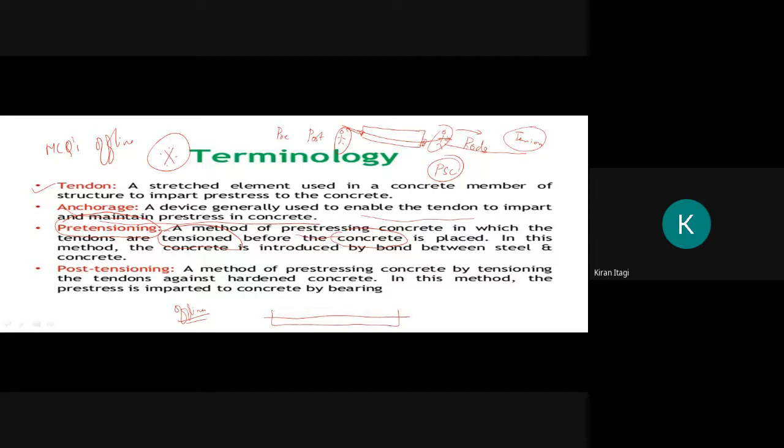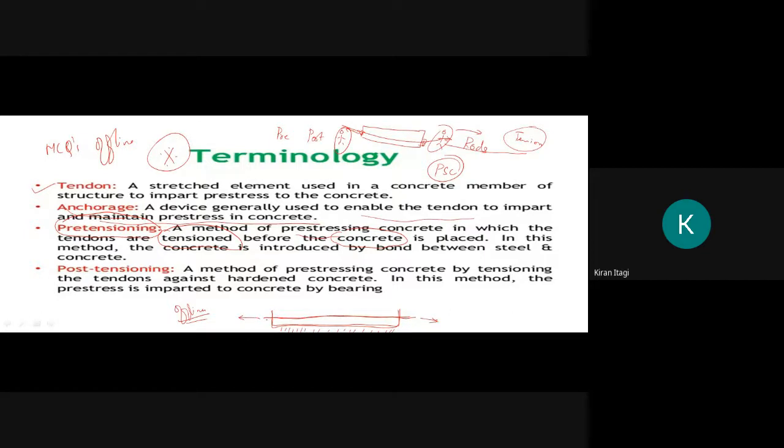So this is your mold, the concrete casting mold, which rests on the ground, and this is most important. Remember pre-tension and post-tension. So this is my cable or tendon or wire. Before placing the concrete, we provide tension, we pull it.